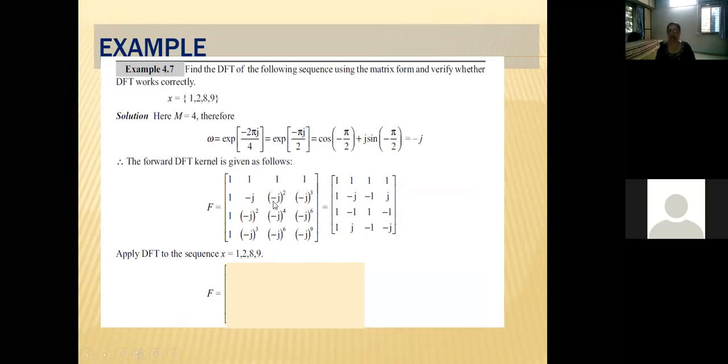For every even power of minus j, you will get 1 or minus 1 depending on the power. So your third row is 1, minus 1, 1, minus 1. And the last row is minus j raised to 3, then minus j raised to 6, minus j raised to 9. So effectively, you will get 1, j, minus 1, minus j.